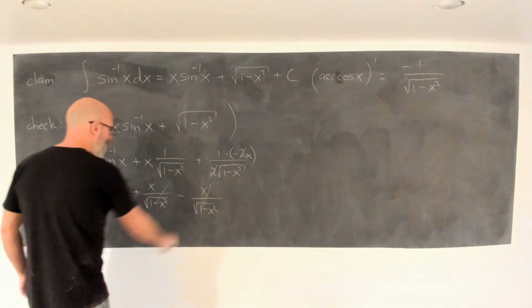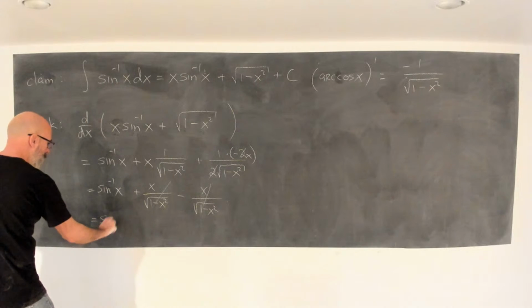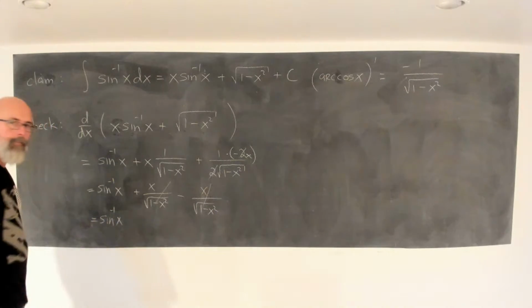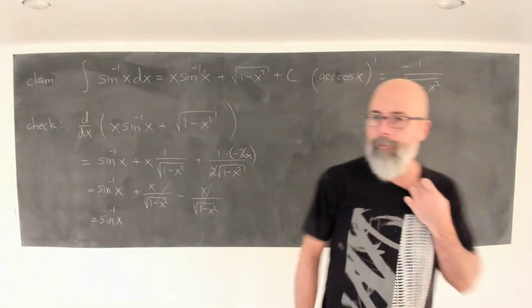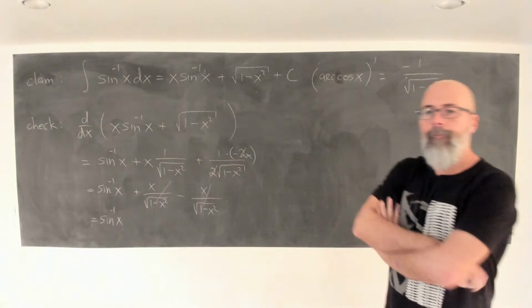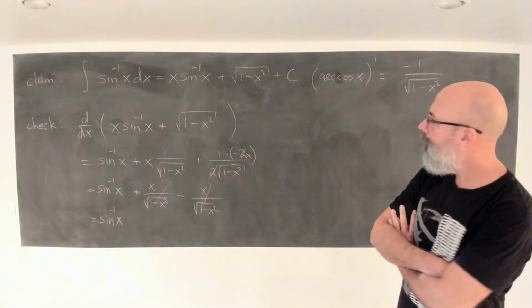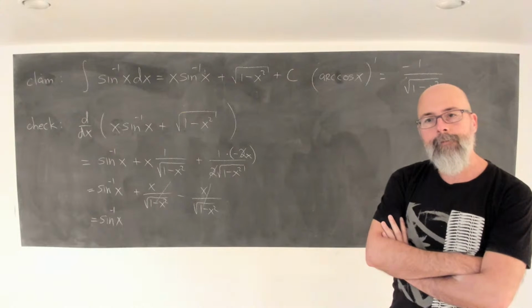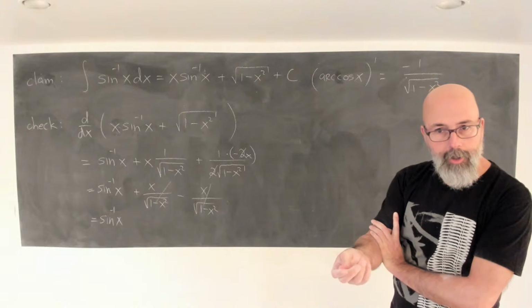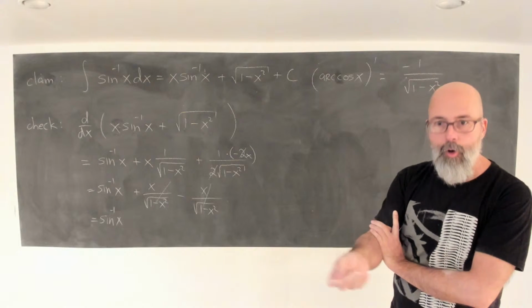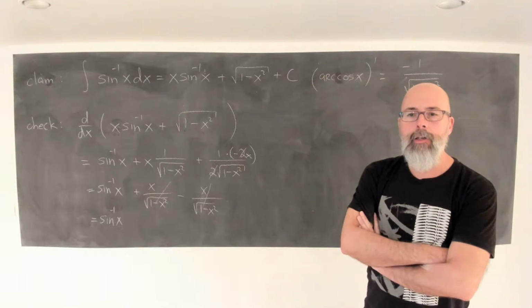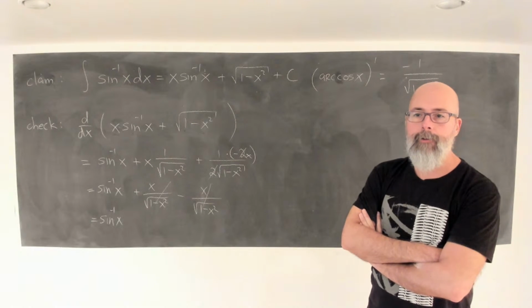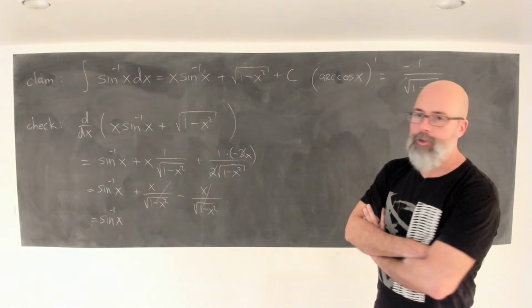These cancel out nicely, leaving you with arcsine x. Very nice. Not something I expect you to know by heart, but rather a technique that we will investigate next semester.